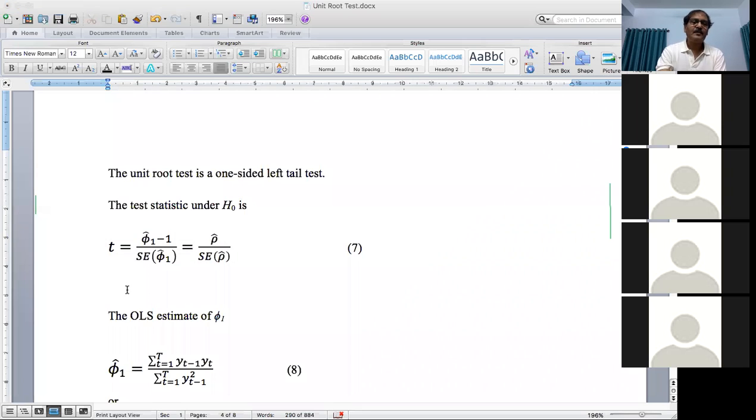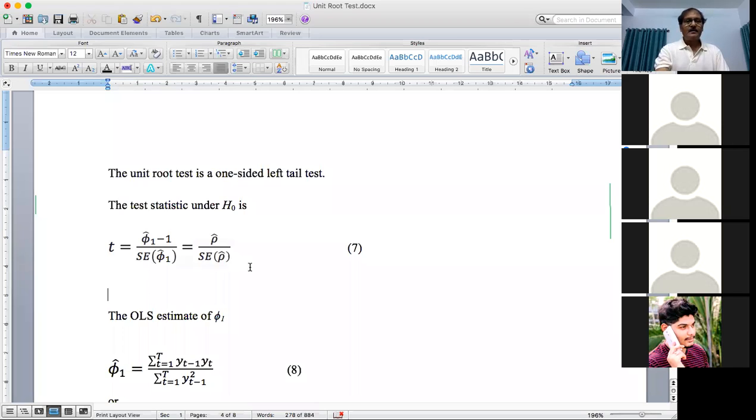And in the conventional case, for a large number of observations, the number of observations is counted in terms of time periods, because we have time series data. If you have a longer time series, if the total time period is sufficiently large, in that case the t distribution converges to the normal distribution.